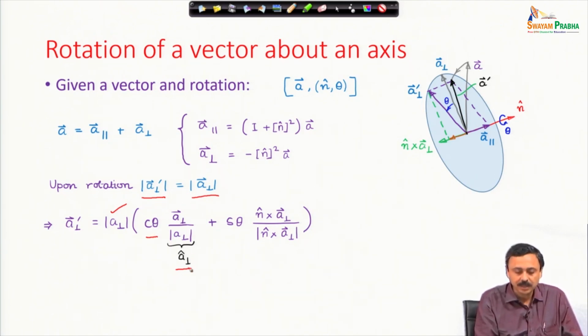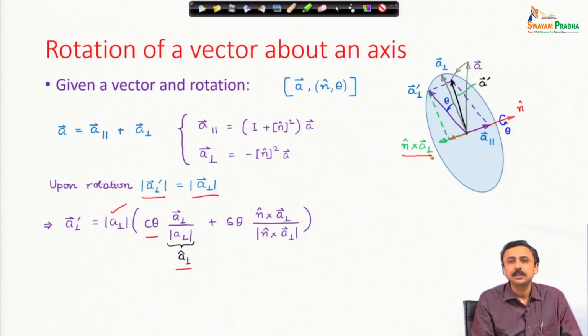So, cosine theta times the unit vector in the A perpendicular direction plus sin theta times the unit vector in the new direction that I have found, because I can represent A perpendicular prime using the directions A perpendicular cap and the unit vector of this whole thing.